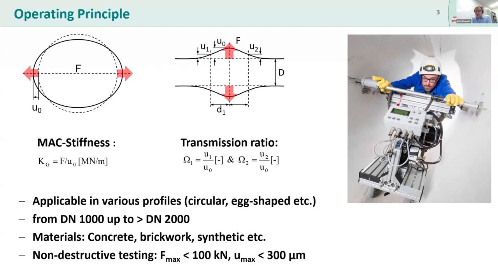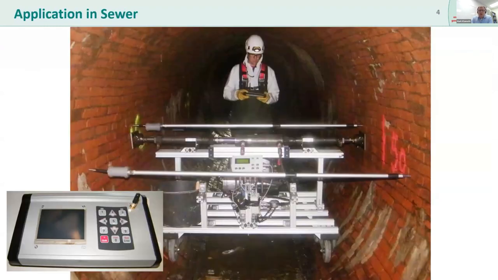On the right-hand side, you can see my colleague Marco with the system installed in an egg-shaped profile. The system is also adaptable to different sizes. Here we have the system installed in a brickwork sewer of more than 2000 millimeters in the municipality of Hamburg. You can see this is a huge diameter, shallowly covered, and is a high-risk asset that should not fail under any circumstances and needs special attention.